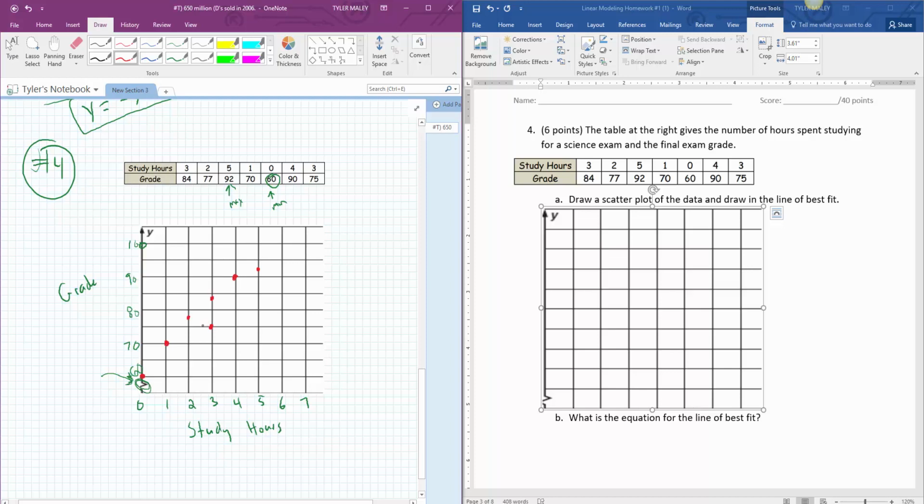So then we're also asked to draw in a line of best fit. So let me grab my line tool again, and I might draw on a line, something like this maybe.